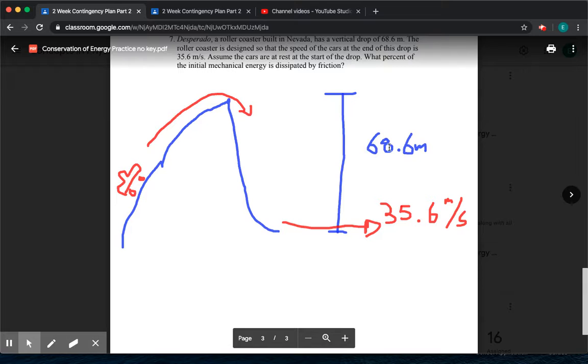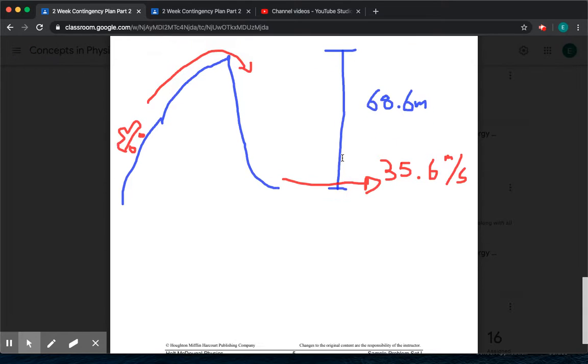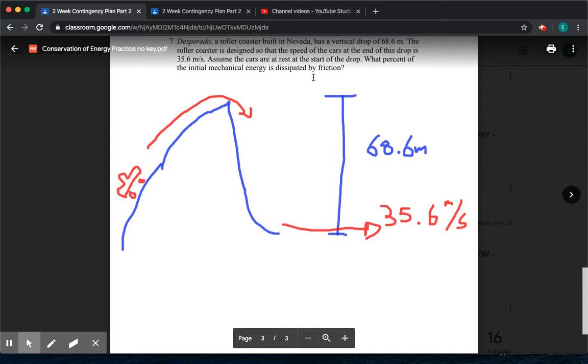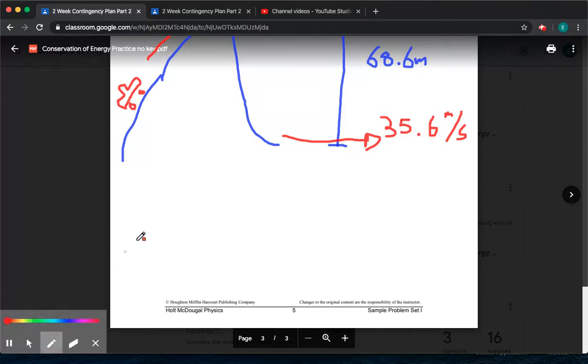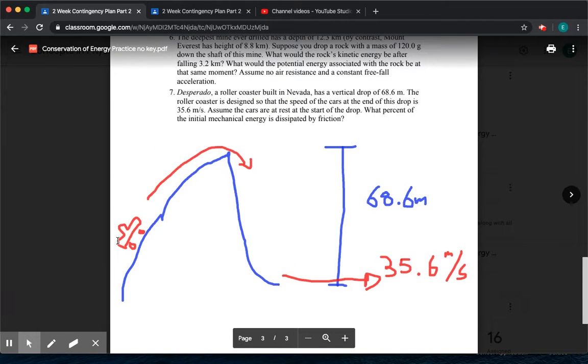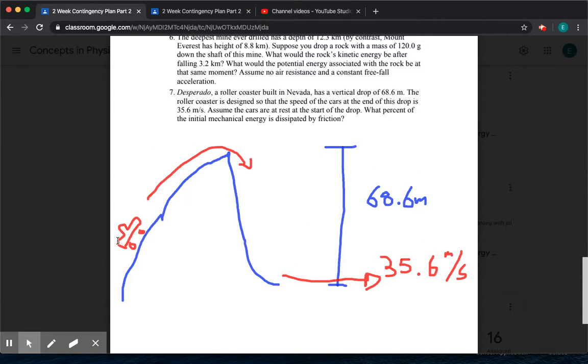To do that, we just got to look at the potential. So at the top, cars at rest, what's our potential energy? It's just mgh. Do they give us the mass of the car? They don't give us the mass of the car. So in this case, this is going to require a little bit of finesse.